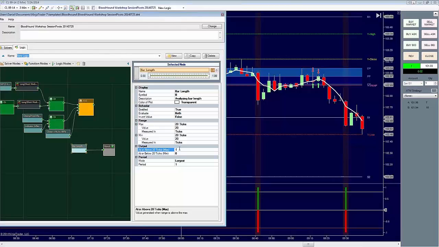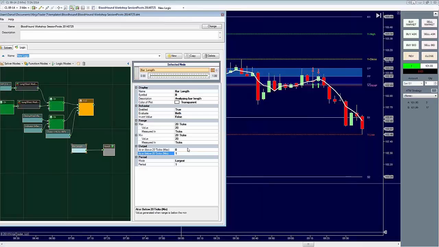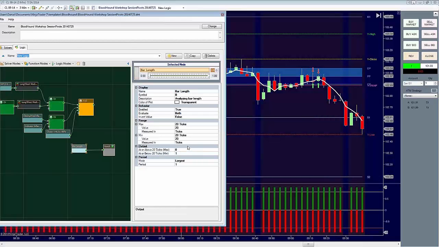So right now we are solving for the bars that are greater than 20 ticks. All right, but what we want to do is disallow any bar that's greater than 20 ticks. So we need to change from max to min, the output. So we're going to set this to 0, and then we're going to set this one to 1. So now we're allowing a trade on every bar that's not a massive bar.